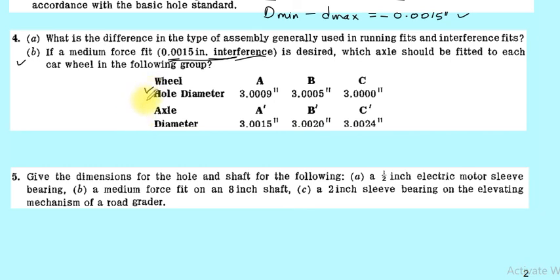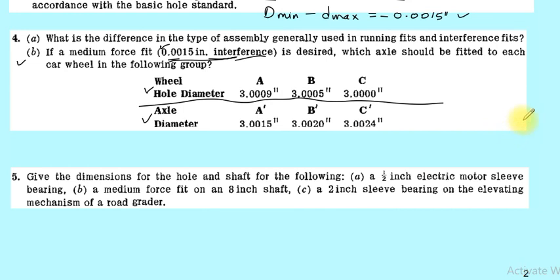So wheel has a hole diameter, axle is like a shaft, so it has these axle diameters here. So let me just draw a line here. Above the line you have hole diameters, below the line you have the shaft or axle diameters. They have to be fitted together, but after they are fitted together there should be an interference of 0.0015 inches there.